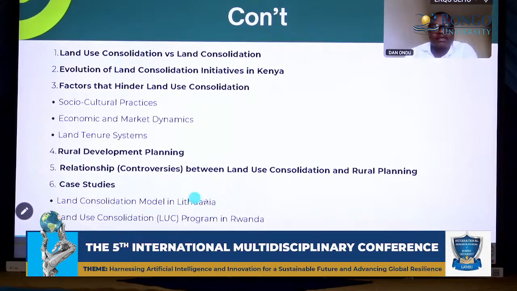There were case studies, successful ones from Lithuania, which involved unifying the ownership and use of land, and it was relatively successful, basically because the land is owned by the government. There was a land use consolidation program that started in Rwanda in 2008 that was only on the use.